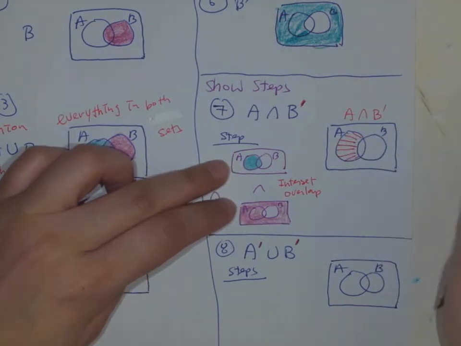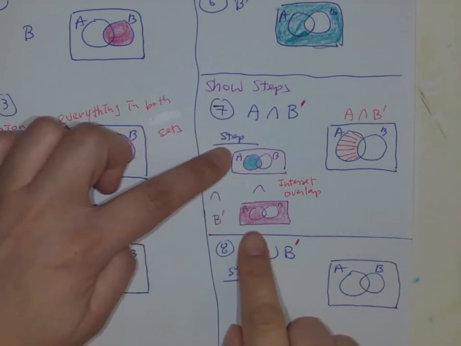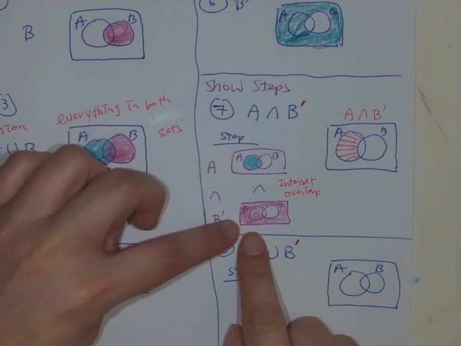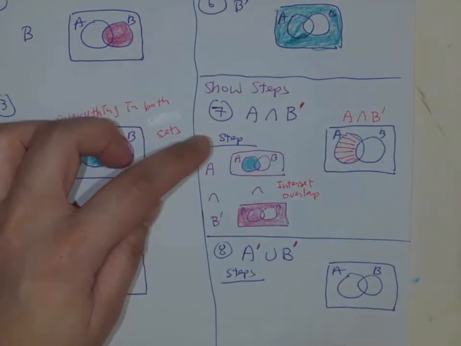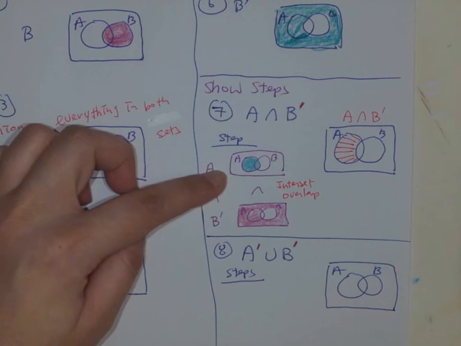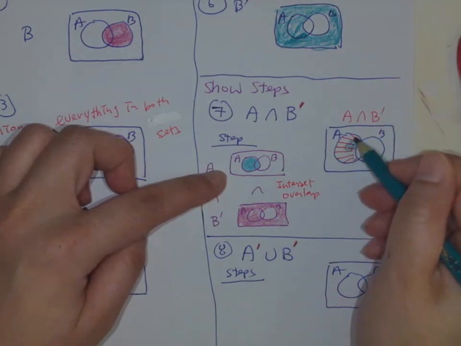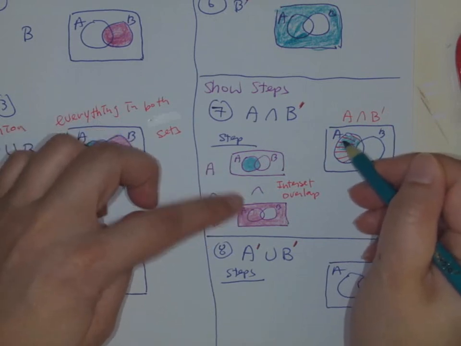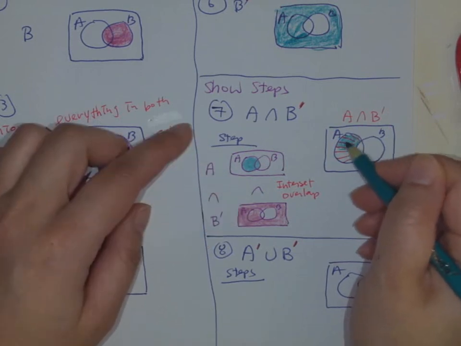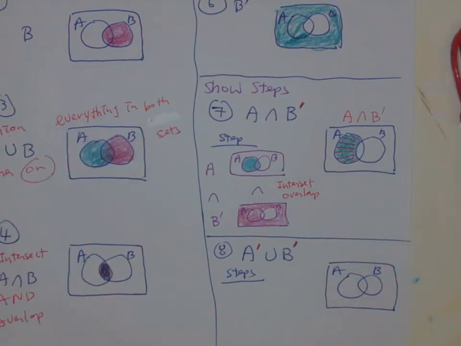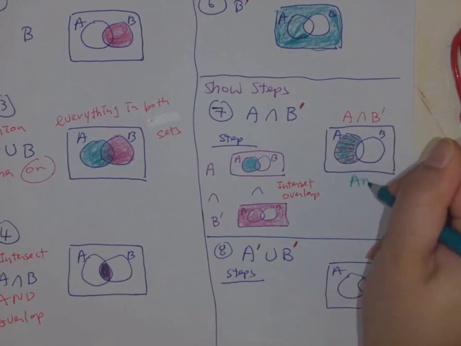Can you see that? It works better if I have a transparency of this one and another transparency of that one, and you put them on top of each other and see which part they are overlapping. Hopefully you can see it's in the A circle, but not the intersecting part of A and B. So this is the final answer.